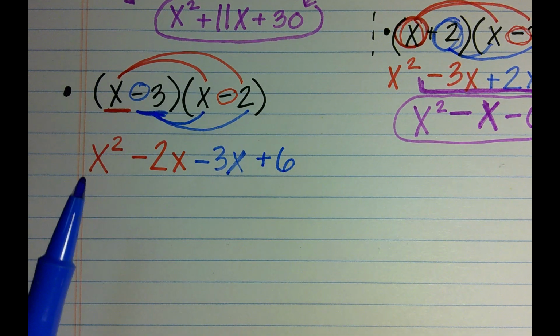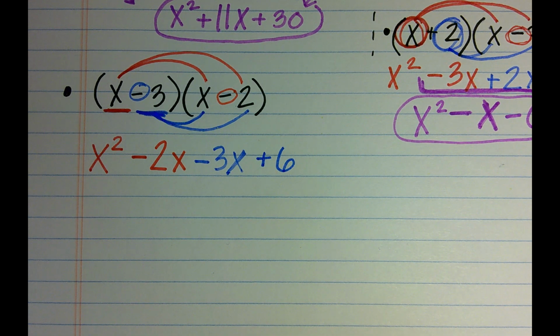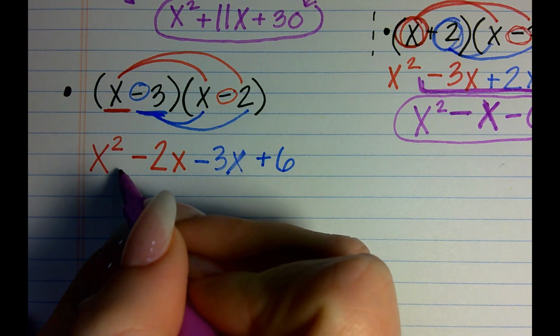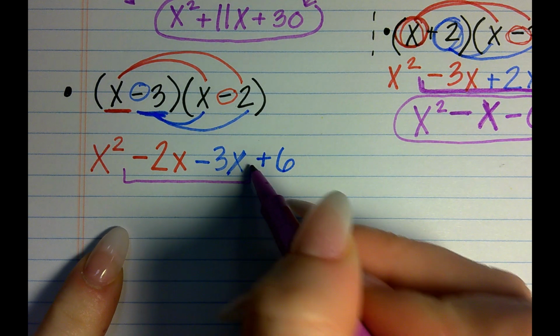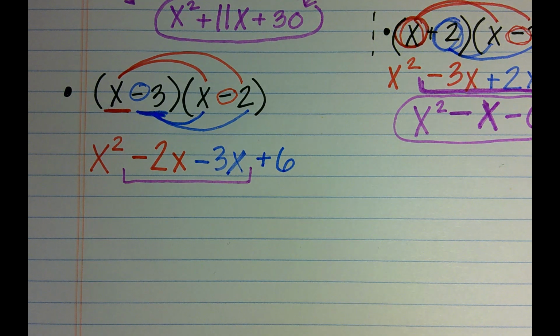So now I have x squared minus 2x minus 3x plus 6. What should I do from here? Combine our like terms, the minus 2x and minus 3x. Negative 5x.